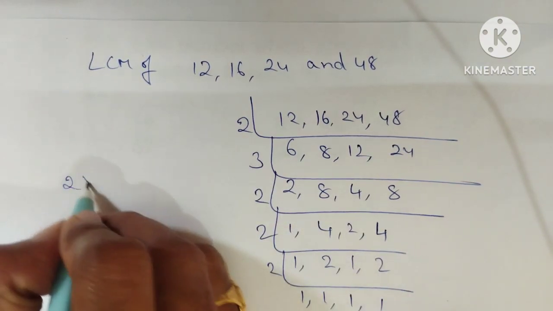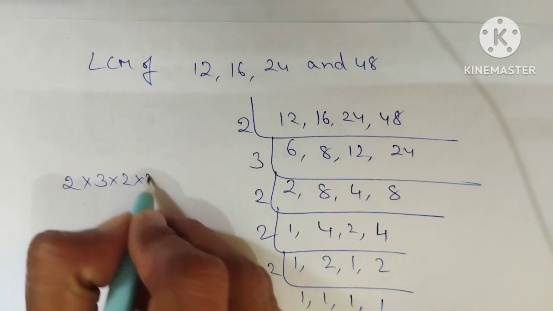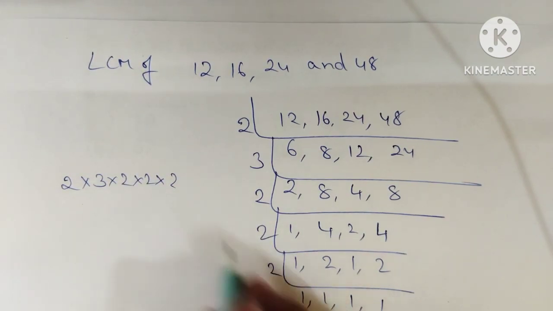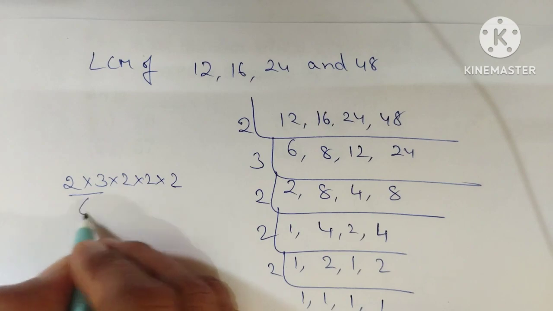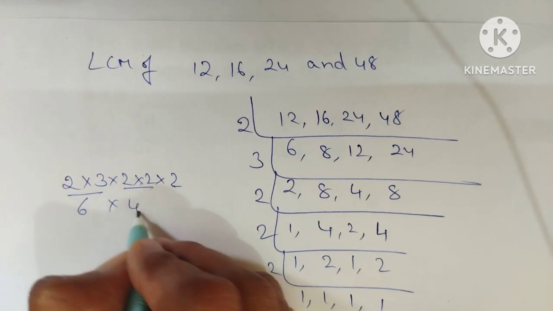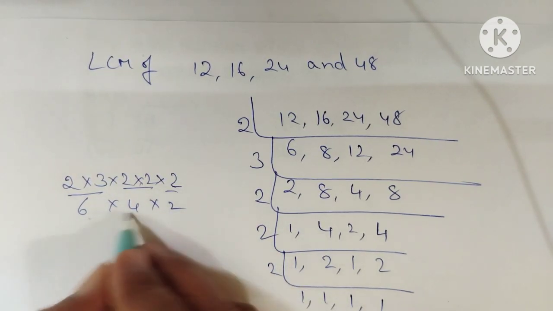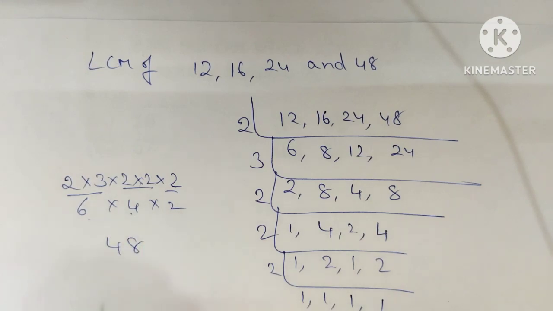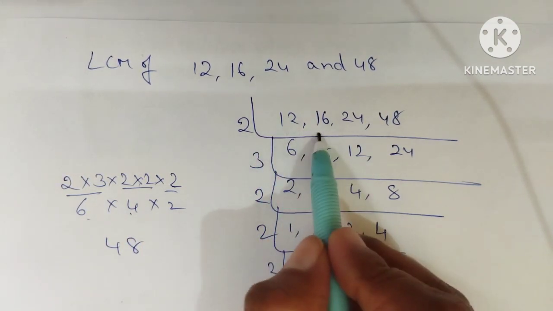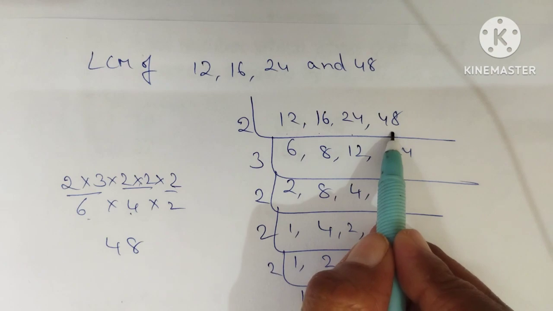So the LCM is 2 into 3 into 2 into 2 into 2. 2 threes are 6, 6 twos are 12, and 12 fours are 48. 48 is the LCM of 12, 16, 24 and 48.